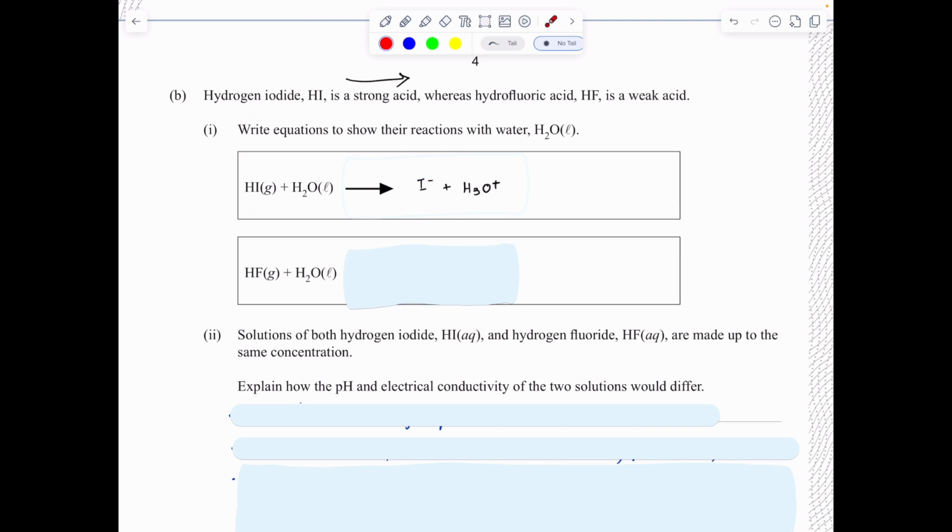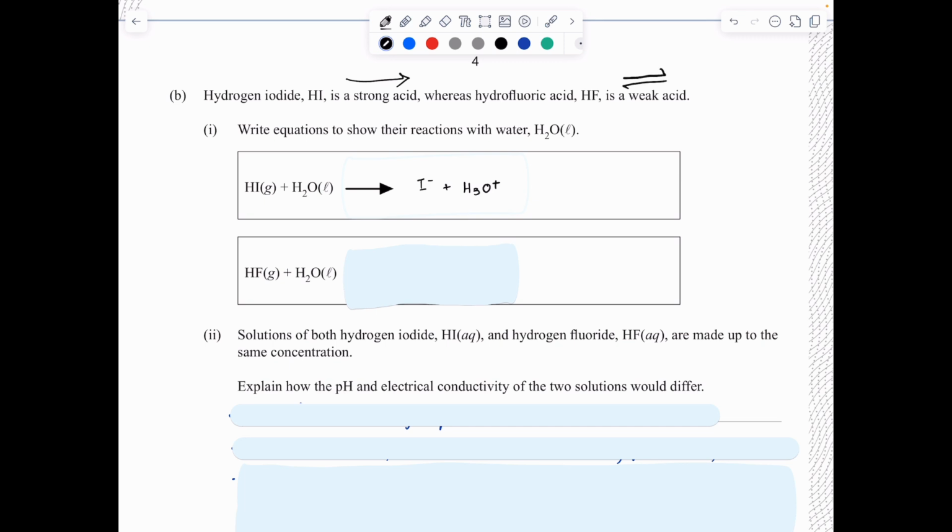Okay? So, the next thing you're going to do is you have to draw a reaction for hydrofluoric acid. It's a weak acid. So is it going to fully dissociate or partially dissociate? It's going to partially dissociate, which means that we have to use what kind of an arrow?